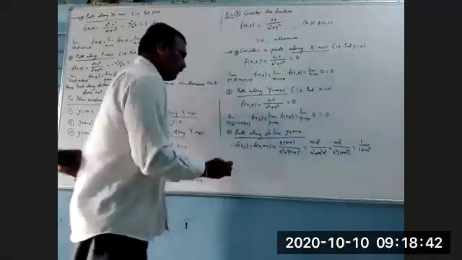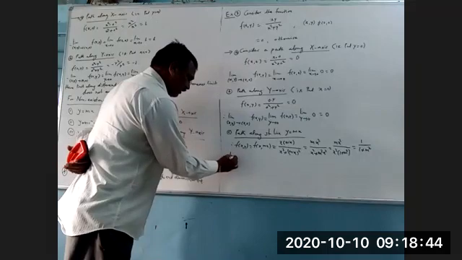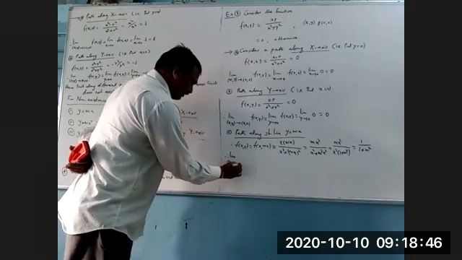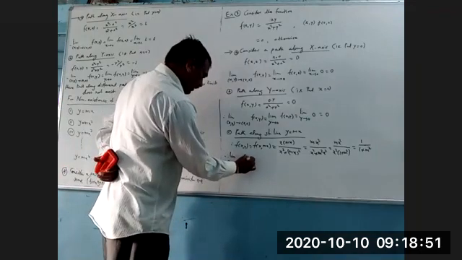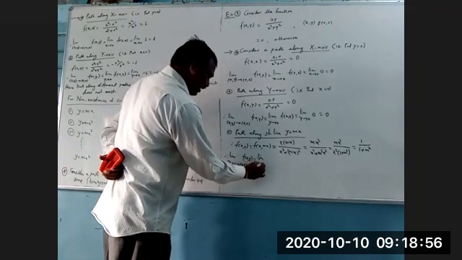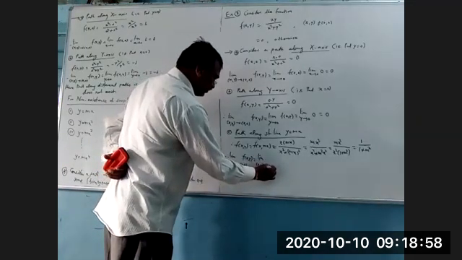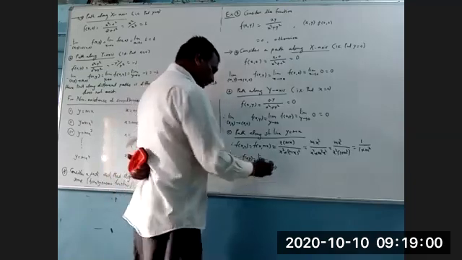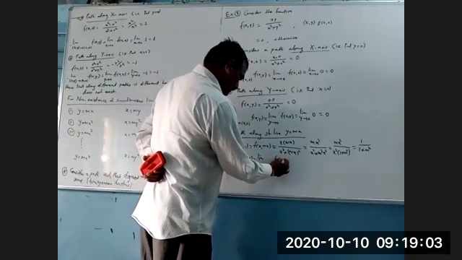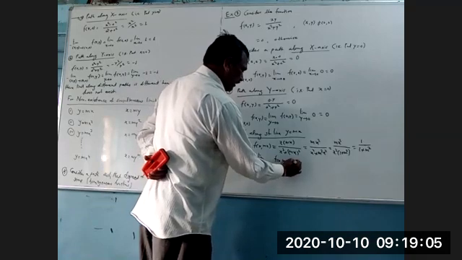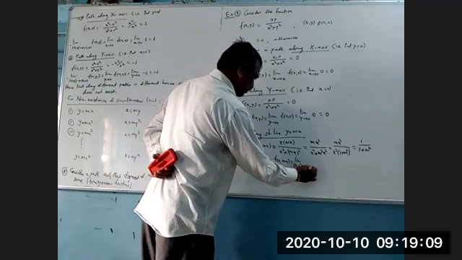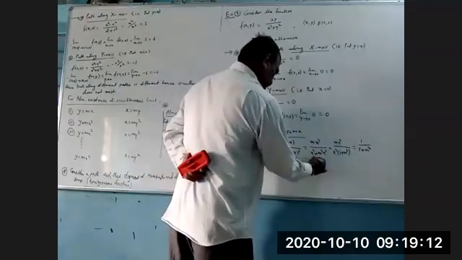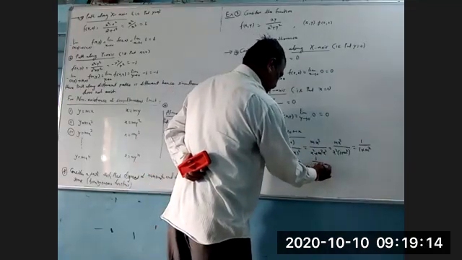Okay, therefore, the limit as (x, y) tends to (0, 0) of this function f(x, y) is equal to the limit of f(x, mx), and it will be the limit of m upon 1 plus m square.